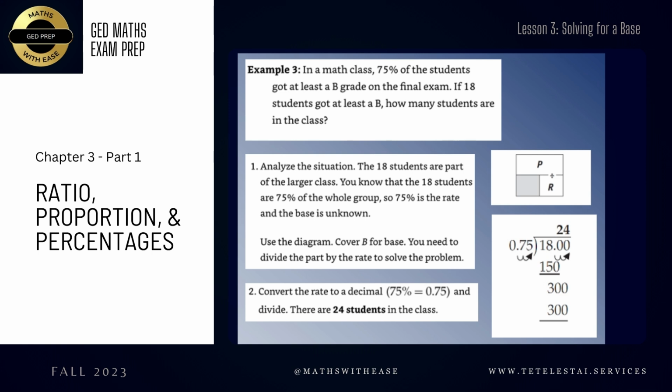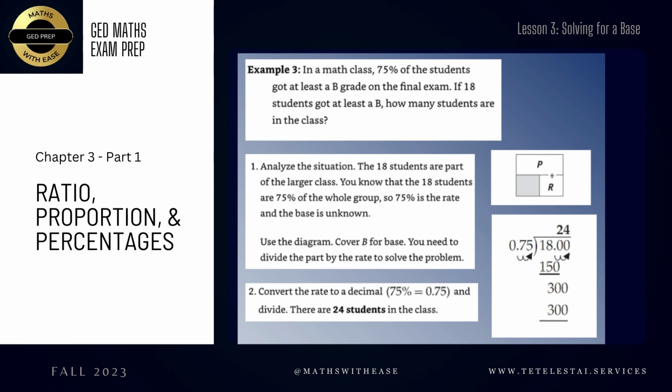So you would just cross out your B here, which represents the base, which is what we're looking for. And you know that your formula is going to be your part divided by your rate. Okay. So you write down your long division. We already know that 75%, I mean, you're not going to write 75 over 100 right here, right?